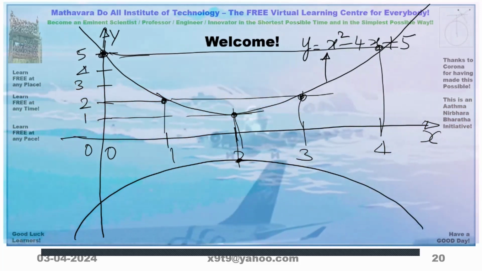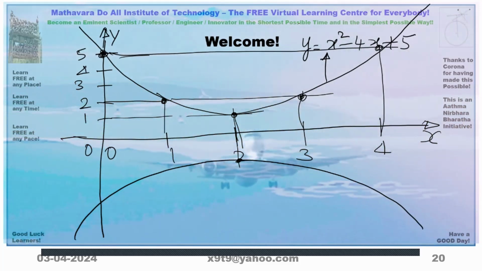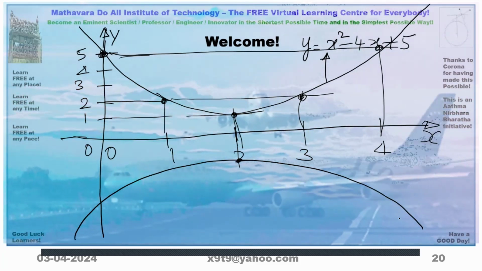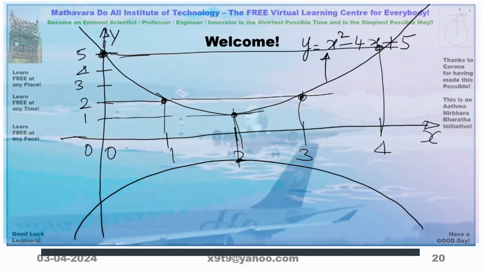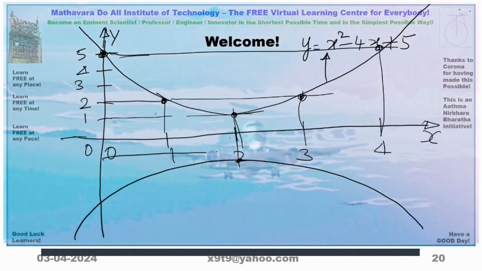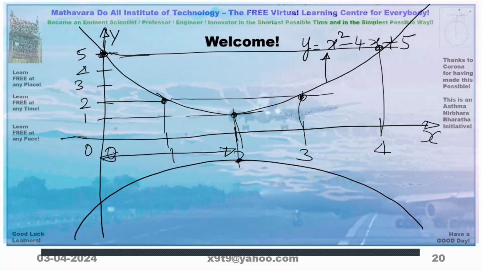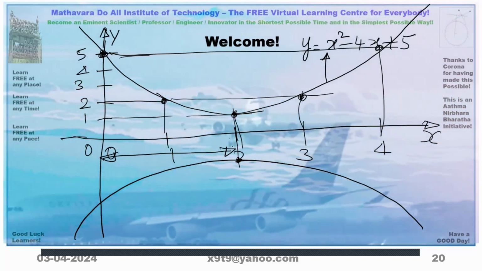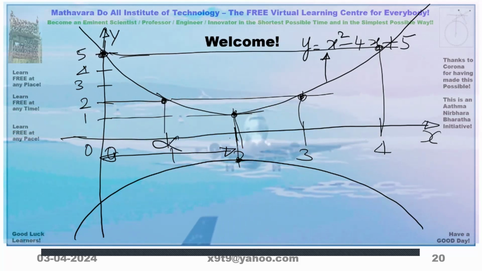This graph will have two parts. One is going above, another a mirror reflection like this. Now, this distance where the point of this minimum value is coming, this we will call alpha.